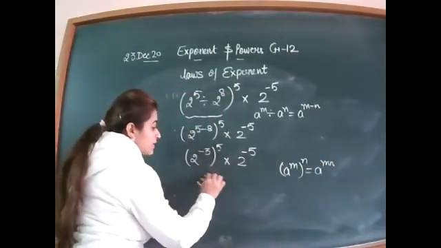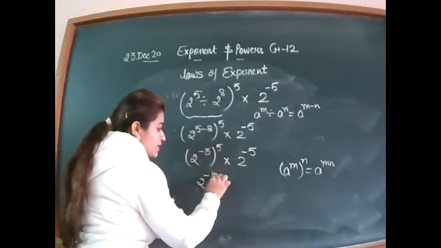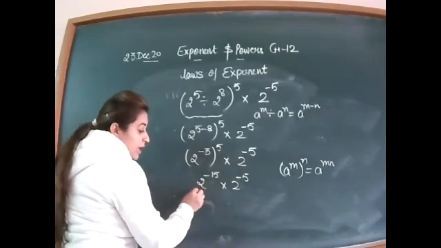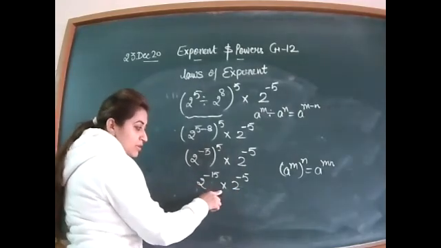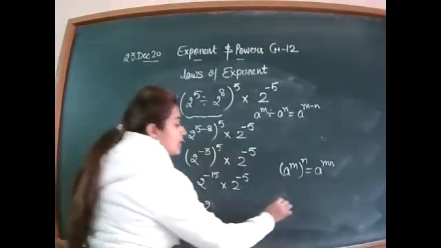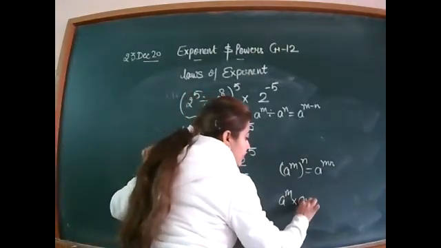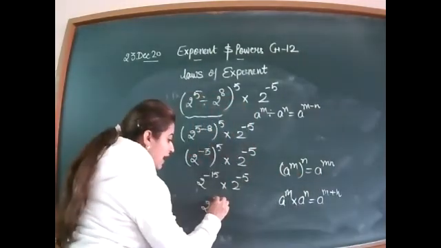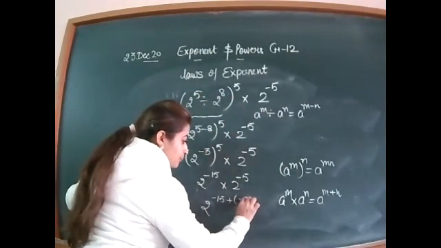So when you multiply this, 5 3s are 15 into 2 raised to power minus 5. Now the bases are again the same and the terms are being multiplied. So you will use the first law here. In the first law, a raised to power m into a raised to power n, the powers will be added. So you will add these two powers.